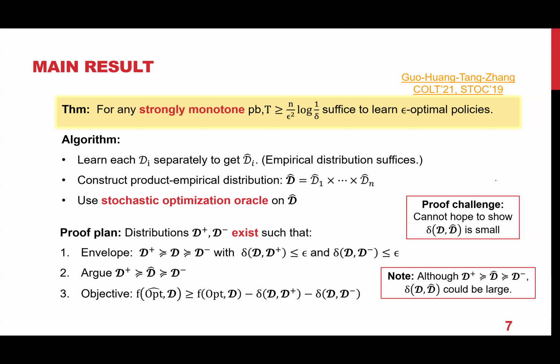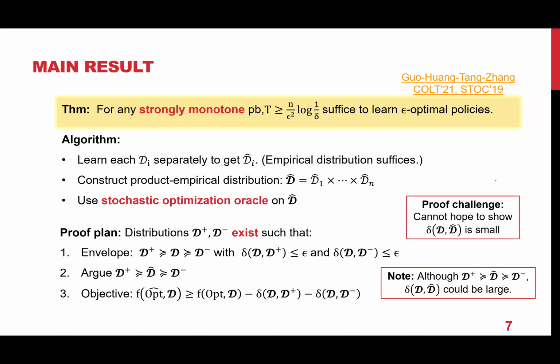The way we are going to prove it performs well is the following. We're going to show existence of an upper and lower envelope on your original distribution D, such that the true distribution D lies between D plus and D minus. Even the learned distribution lies between D plus and D minus.